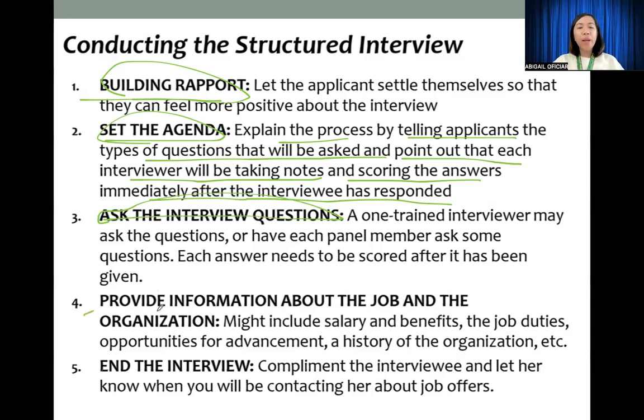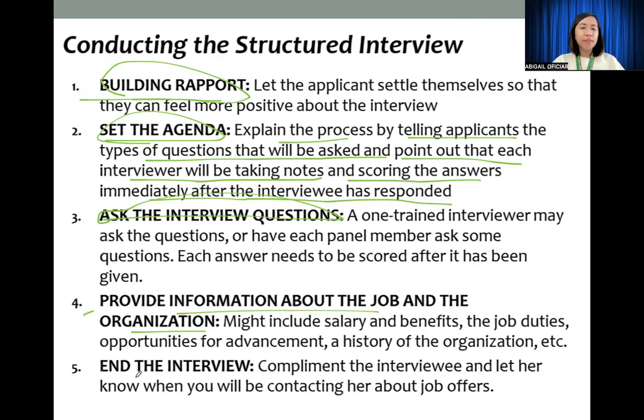Number 4, provide information about the job and the organization. So after you ask the structured interview questions, you can provide information about this job. You can include here yung realistic job preview. Or you may also ask the applicant kung meron siyang mga questions.